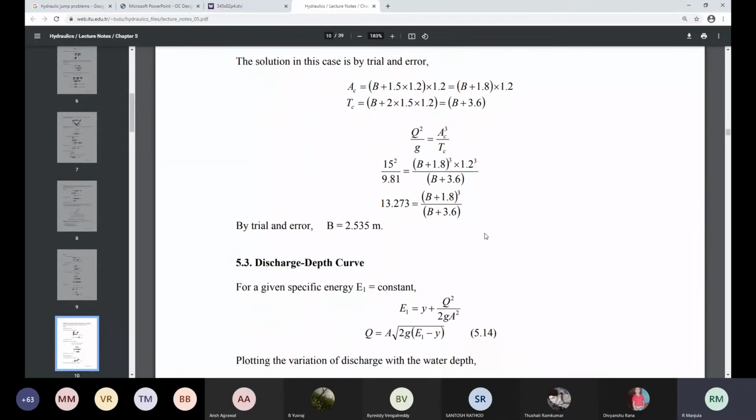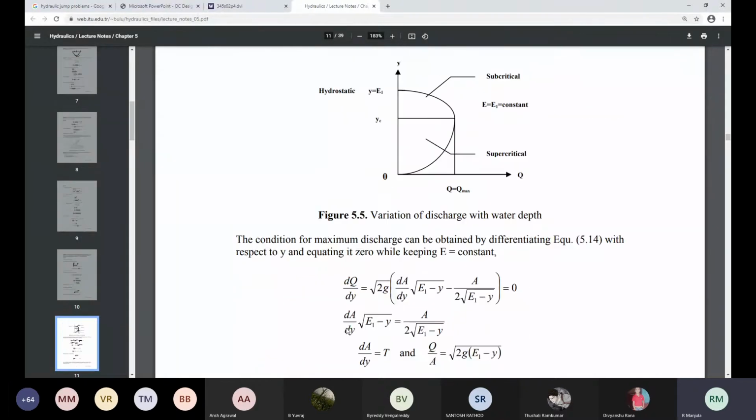Okay. Now for a given specific energy, your E1 is going to be constant. Suppose the discharge versus depth curve. If you are plotting the variation of discharge versus depth, how will it be? This is going to be your discharge, and this is going to be the variation of depth.